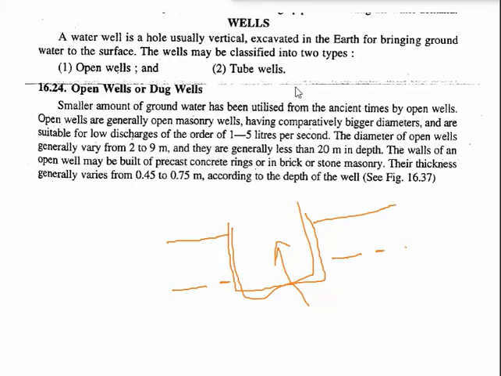There are certain specifications given in this case. You will obtain a lower discharge of about 1 to 5 liters per second, and the diameter of these types of wells varies from 2 to 9 meters, and the depth is also generally 20 meters for such an open well.